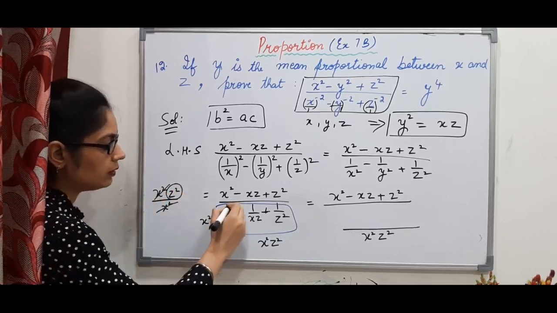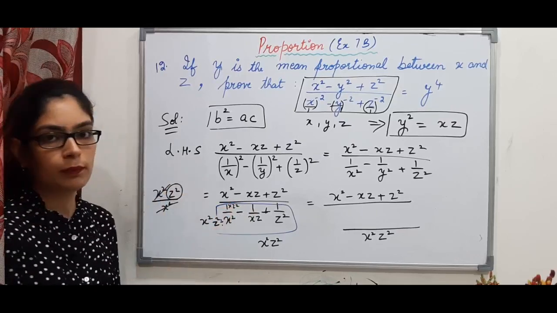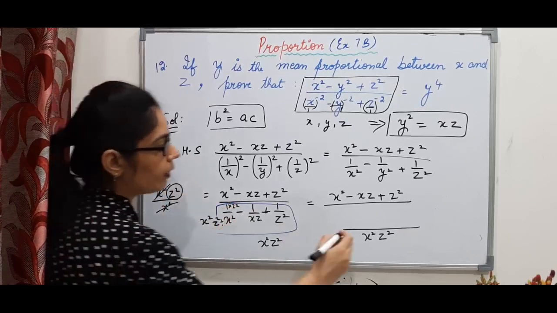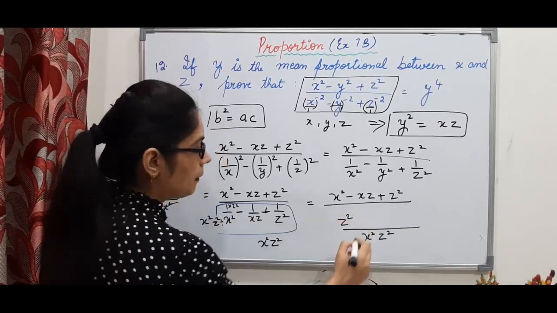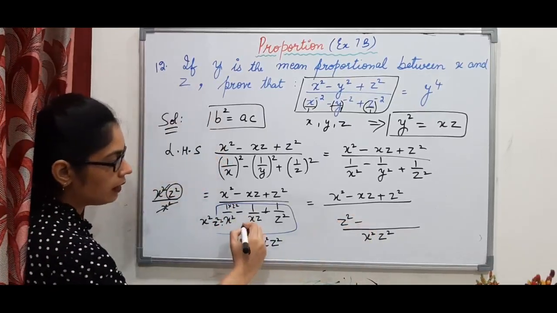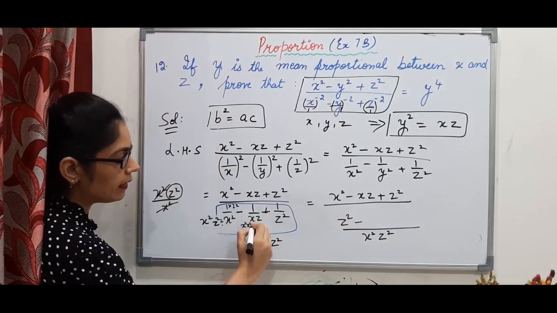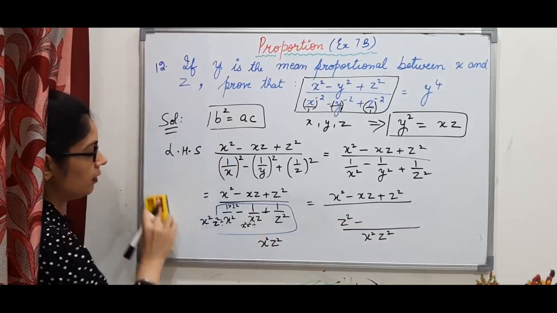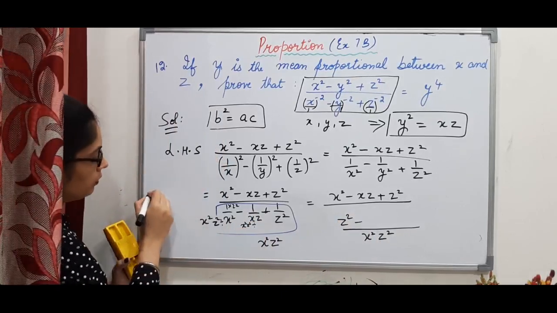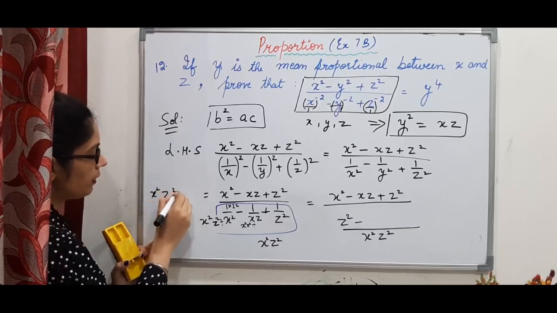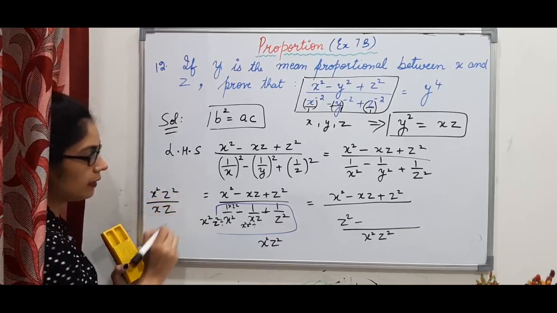When we divide these two, that z square we have to multiply with the numerator. So 1 into z square is z square. Minus, now the LCM x square z square I have to divide by the denominator, x z. So x square z square divided by x z.